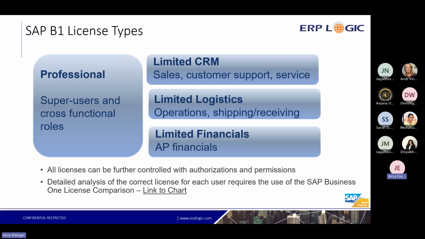The limited logistics is for people in operations, shipping, receiving, purchasing, those types of functions. And the limited financial, again, basically only gives you access to the financial module and mostly for the accounts payable functions. But again, there are applications for that license as well.